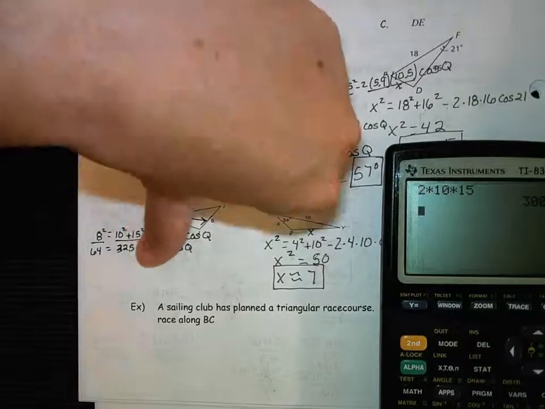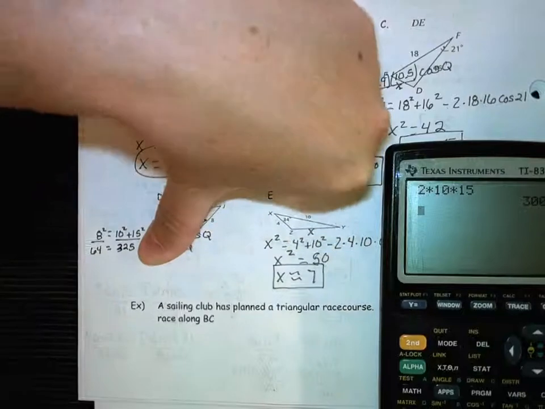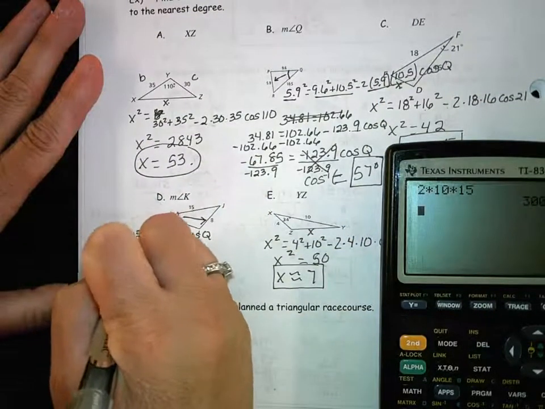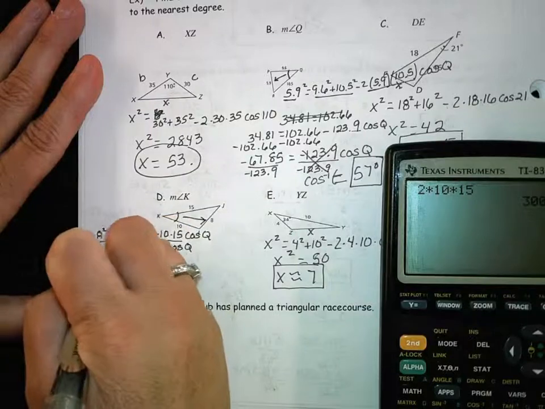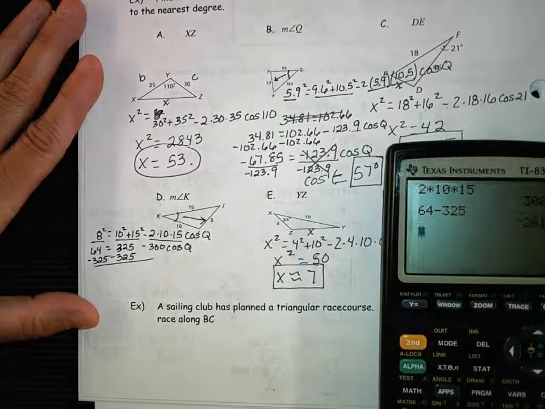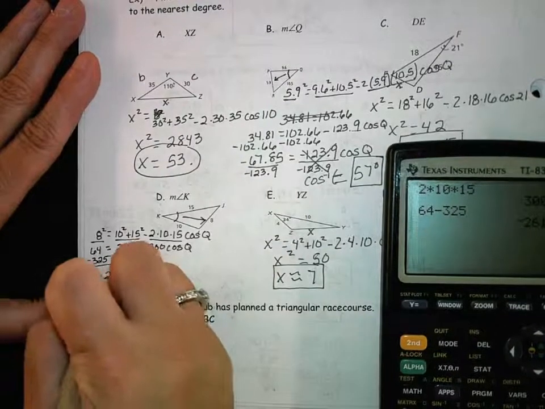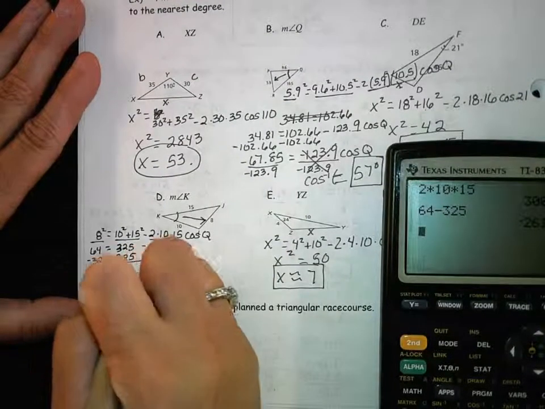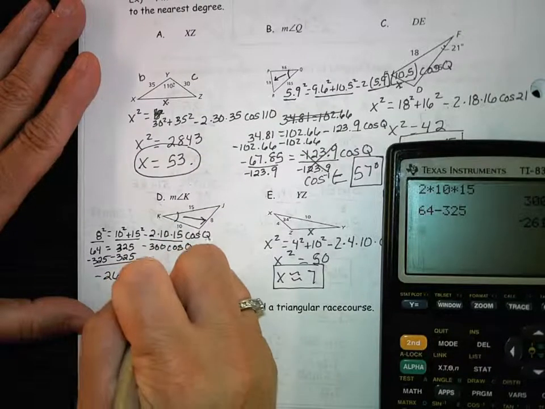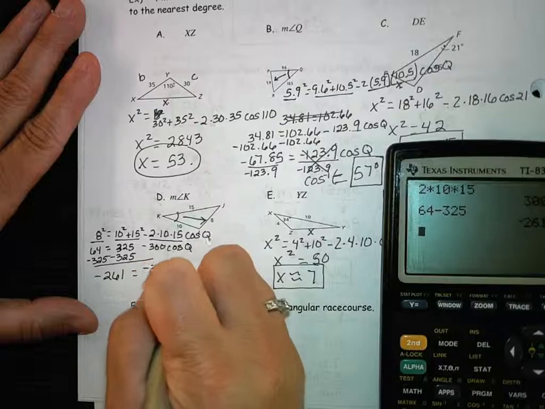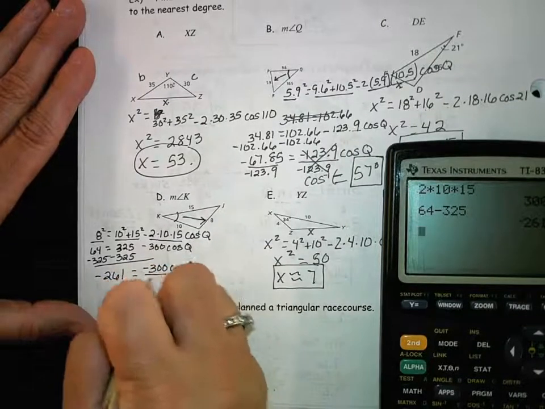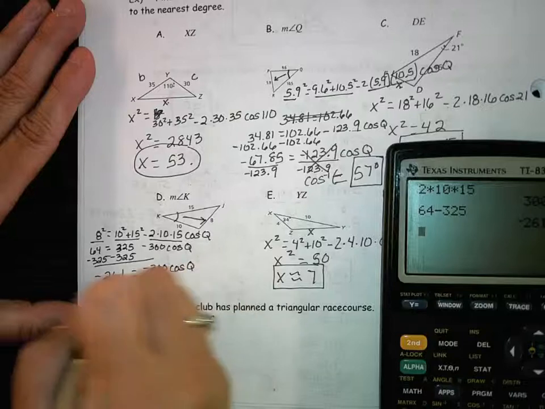And sometimes I like to cover this part up because that's what you deal with last. We need to subtract 325 from both sides. 64 subtract 325 is negative 261. Careful of your negative signs. That equals negative 300 times the cosine of q, and then dividing both sides by negative 300.